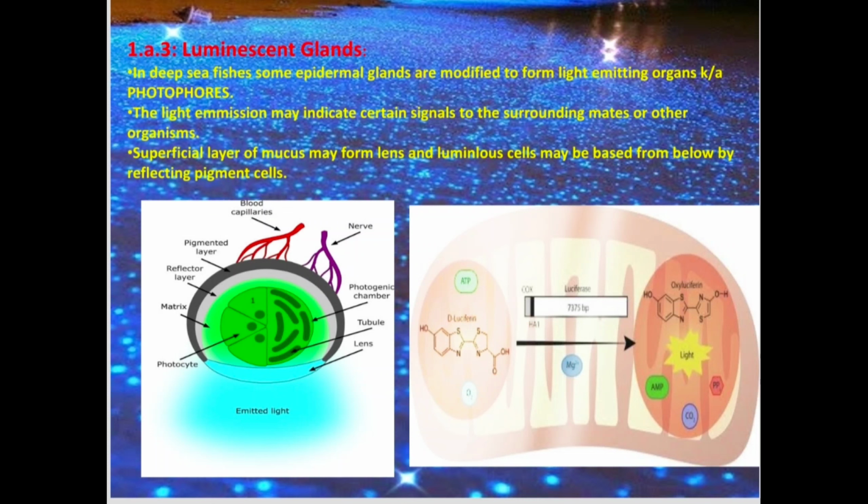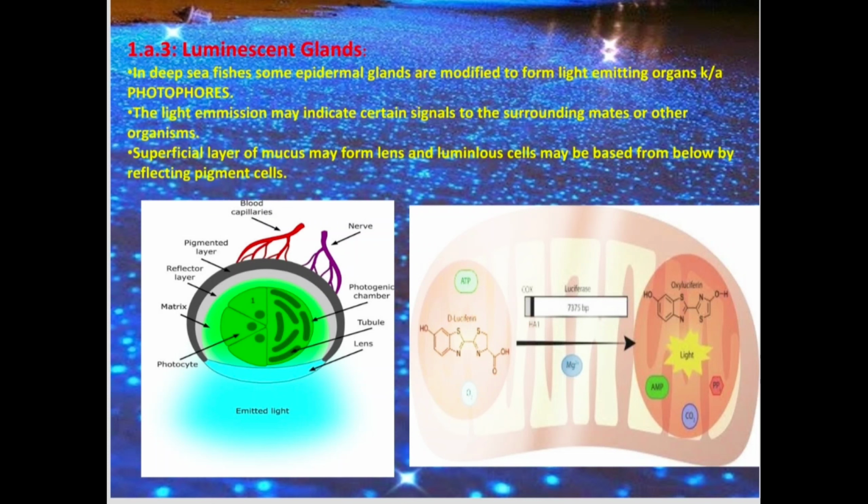Now, the luminescent glands are the light-emitting organs. They are known as photophores. In deep-sea luminous teleost fishes, certain multicellular epidermal glands form these photophores. You can see in the slide here that there are photocytes, and the photocytes are covered over by the mucus cells. They form the magnifying lens, and there is the reflector layer at the base of these photocytes. The reflector is made up of guanine crystals.